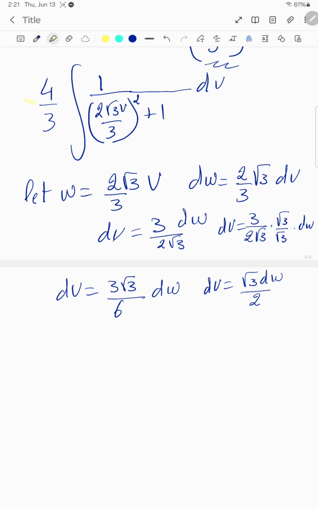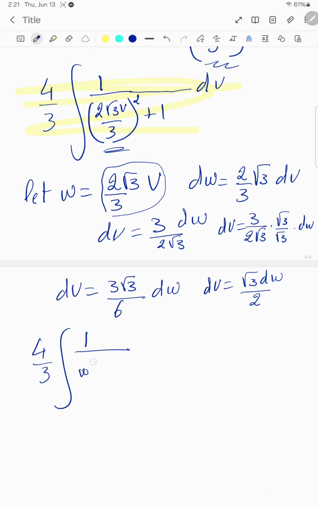So that integral here becomes 4 divided by 3, 1 over w squared plus 1, and my dv is square root of 3 divided by 2 dw.